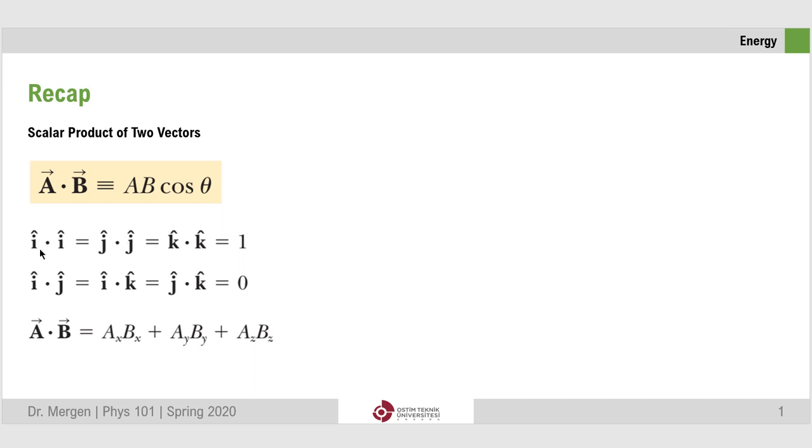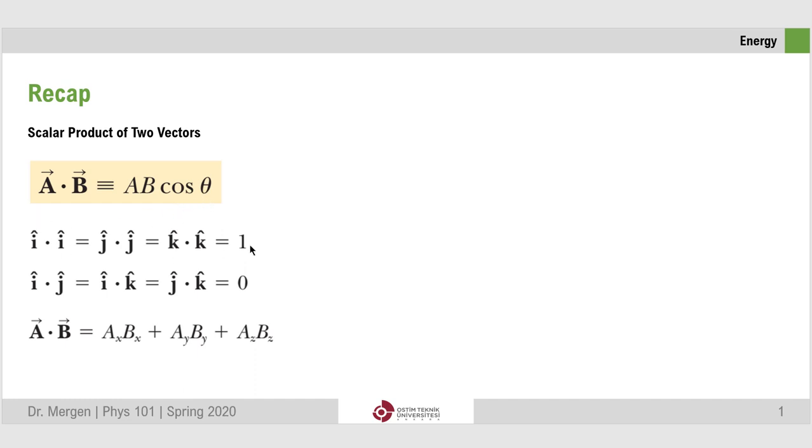And you can see, you don't have to memorize these products. You can find out which one was equal to 1 and which one was equal to 0. For example, when you multiply i and i, the angle between them is 0. Therefore, cosine 0 is equal to 1.